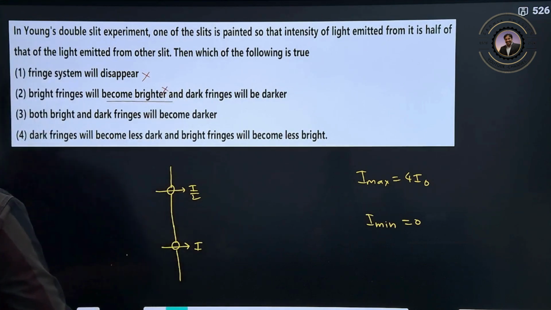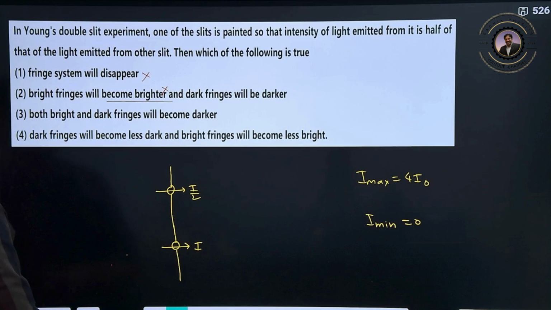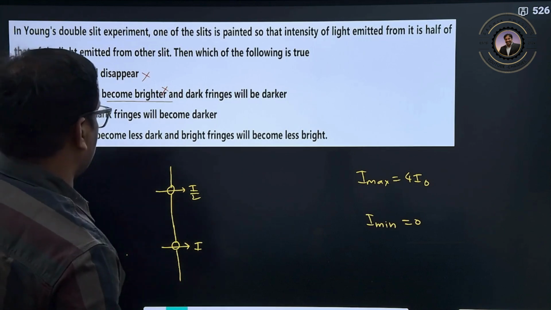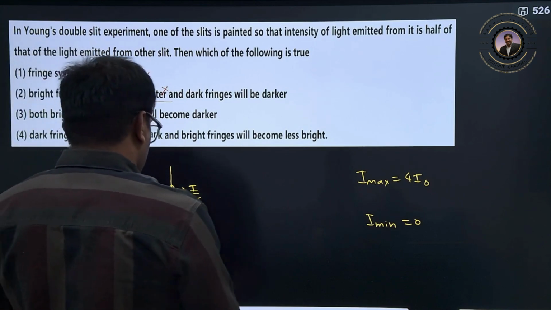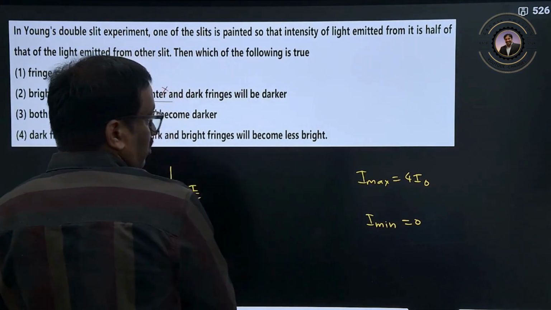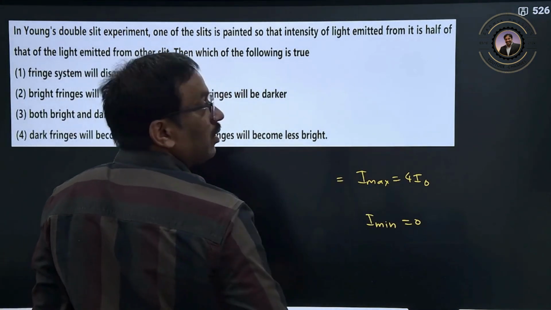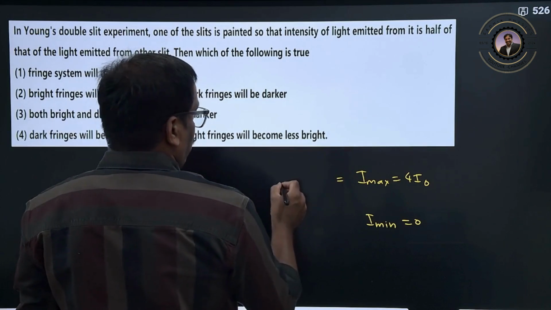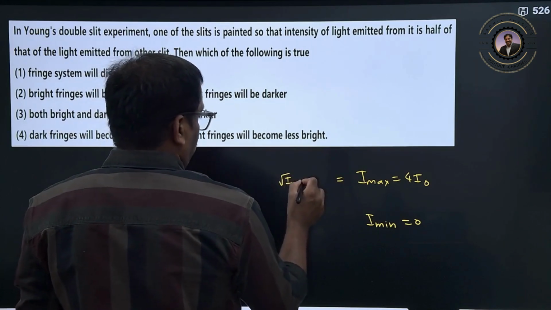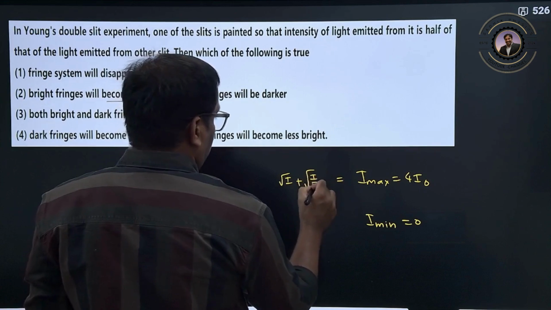Both bright and dark fringe will become darker? Let us see. First, I max is root I plus root I by 2, whole square.